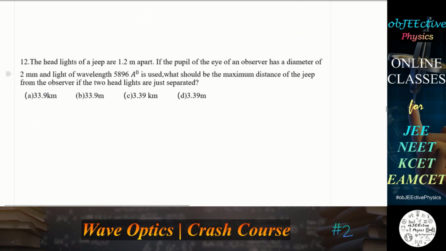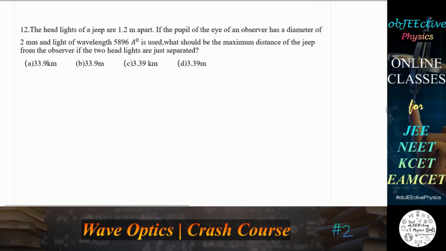Next question. The headlights of a jeep are 1.2 meters apart. If the pupil of the eye of an observer has a diameter of 2 millimeters and light of wavelength 5896 angstroms is used, what should be the maximum distance of the jeep from the observer if the two headlights are just separated?